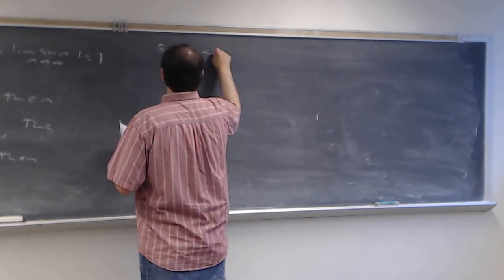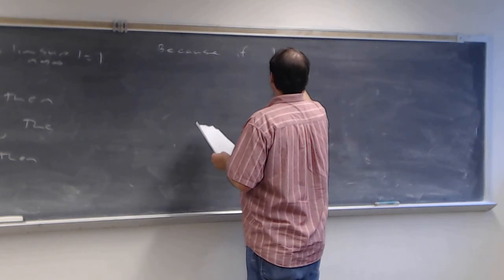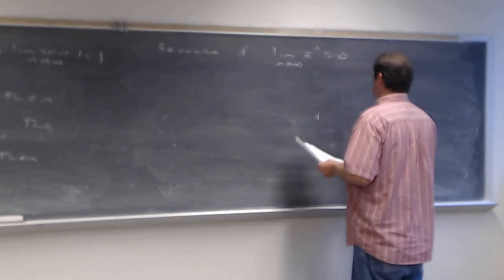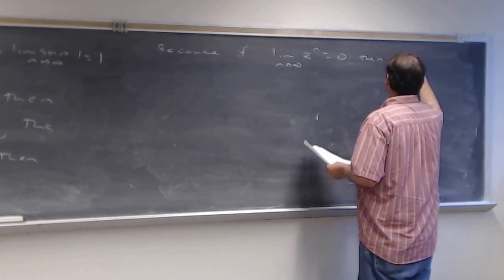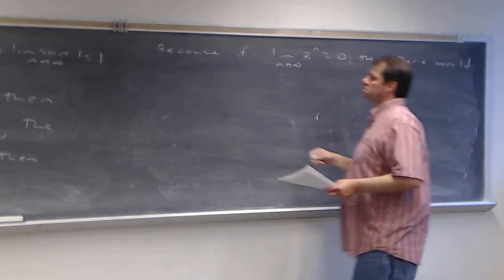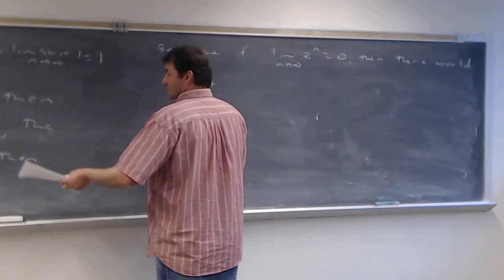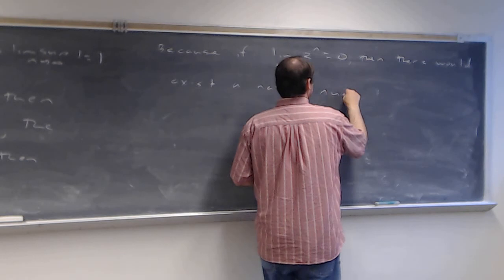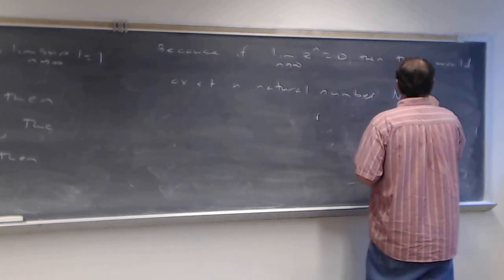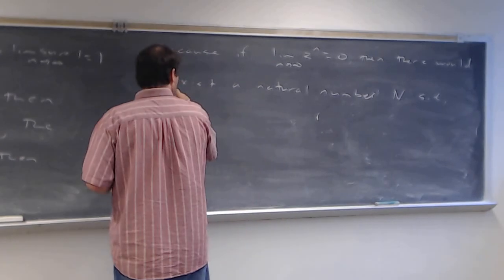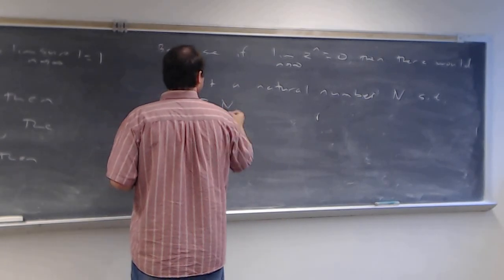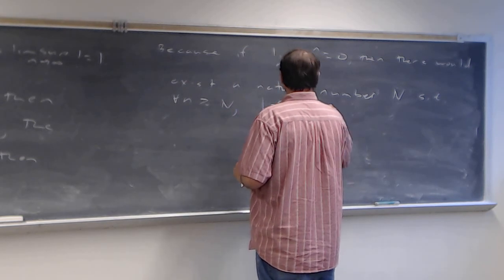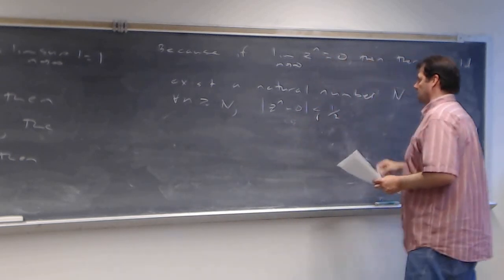Because if the limit as n went to infinity of z to the n equaled 0, then there would exist, remember, we're in this case where we're assuming the norm of z is equal to 1, a natural number, call it big N, such that for all n bigger than or equal to big N, the norm of z to the n minus 0 will be less than any positive number. Let's pick 1/2. That's our epsilon.